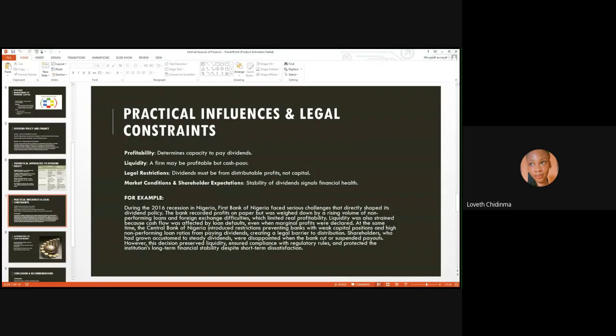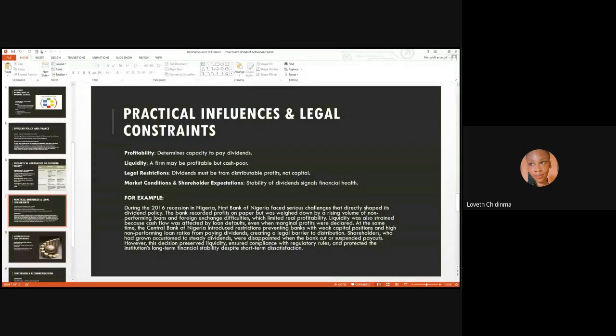If you look at First Bank, they were about to declare their dividend, and looking at the financial aspect, the FX, they were good to declare a dividend. But if you look at the policy that guides how they give out loans and recover them, the time and how liquid they are, they had to go with the policy that guides banks.